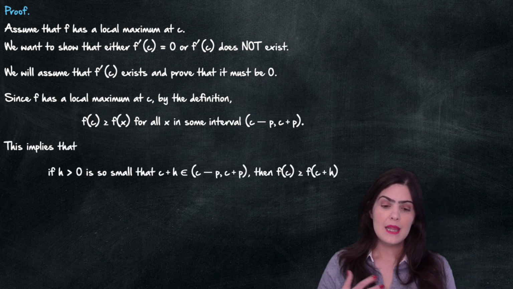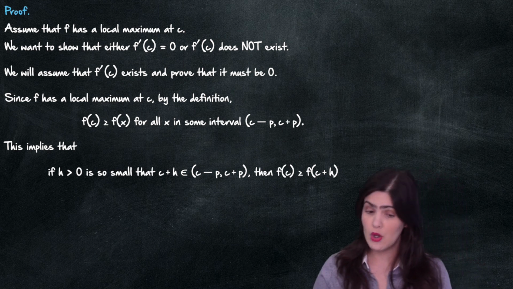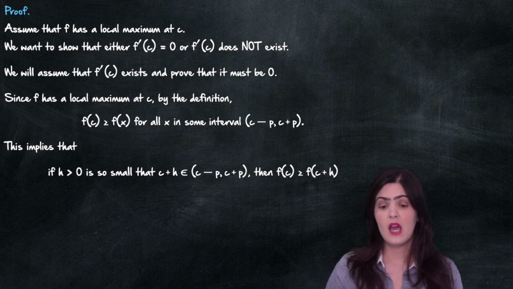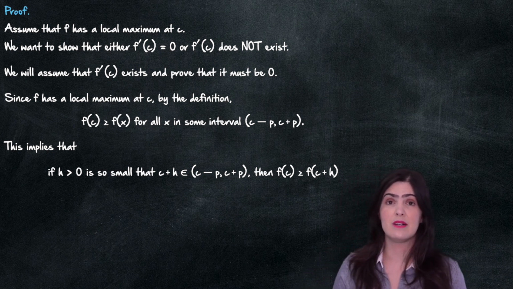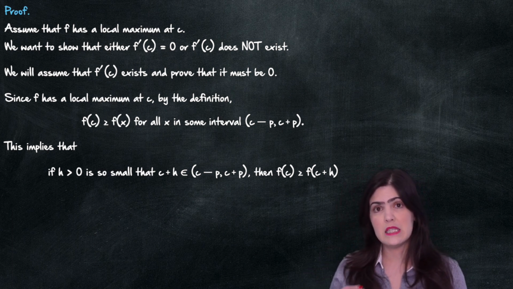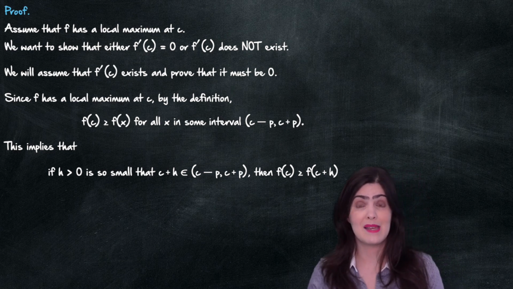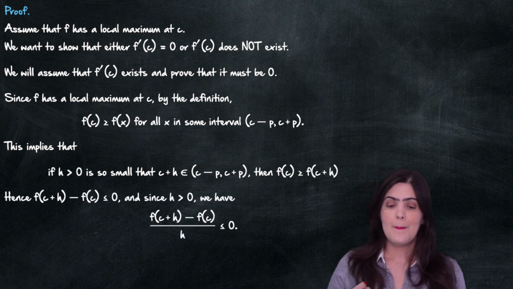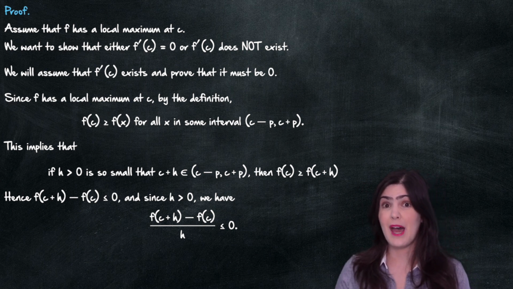Okay? This implies that if h is positive and small enough such that c plus h is still in that interval, then f of c is going to be greater than or equal to f of c plus h. But then that means that f of c plus h minus f of c is less than or equal to 0, and h was greater than 0.